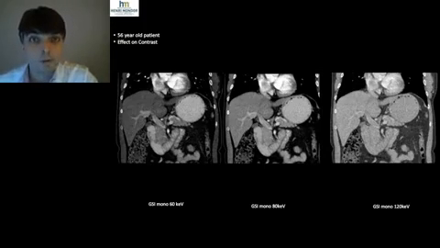So one acquisition, multiple reconstructions that are possible, that you can actually program directly in the acquisition system. And here's just to illustrate 3 different energy levels, 120 kV, 80 kV, 60 kV.